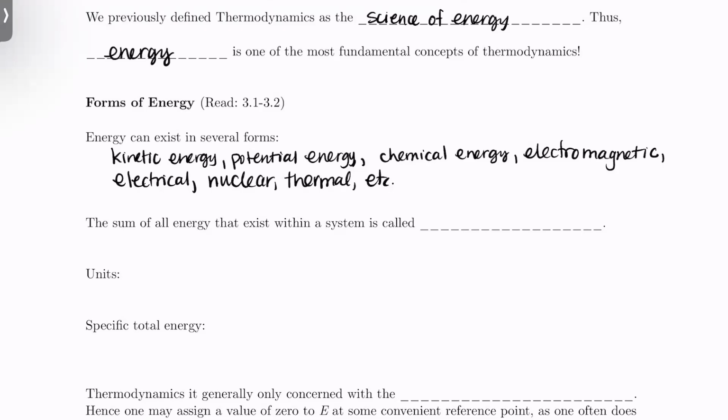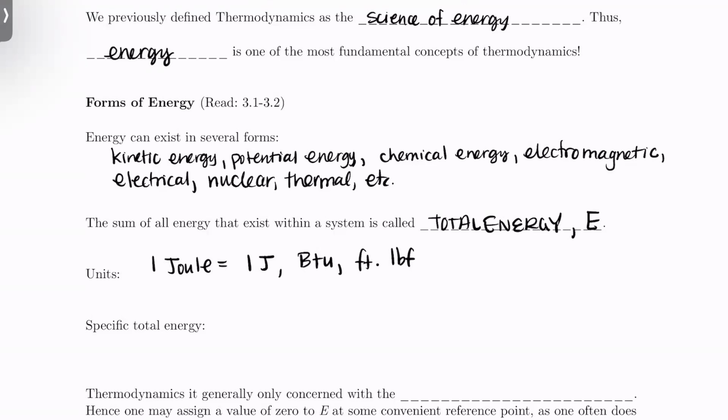The sum of all the energy that exists within a system is called the total energy, and we generally call this E. The unit for energy is 1 joule in SI, abbreviated J. We also use BTUs, or feet times pounds of force.